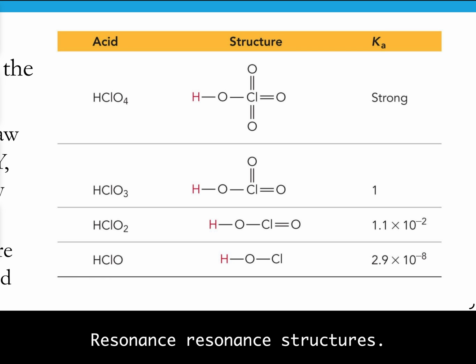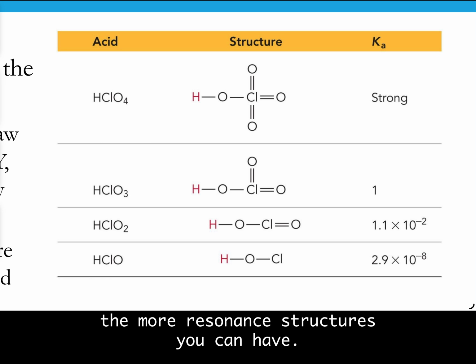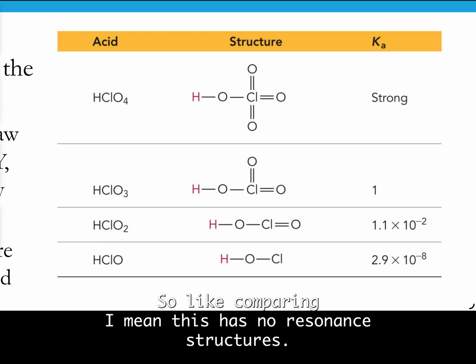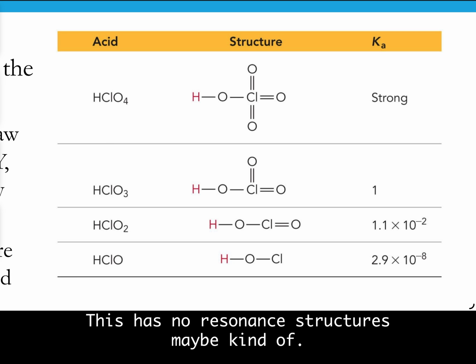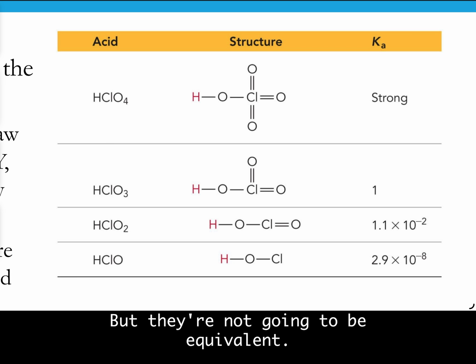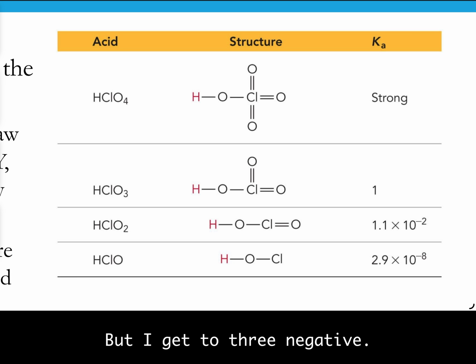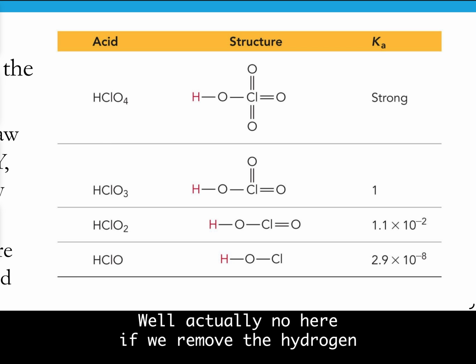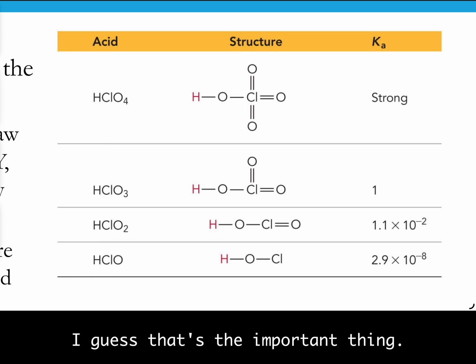Resonance structures. The more oxygens you have, the more resonance structures you can have. So like comparing, I mean, this has no resonance structures. This has no resonance structures. Maybe kind of, but they're not going to be equivalent. When I get to 3, now I could have, well, actually, no. Here, if we remove the hydrogen, I guess that's the important thing.